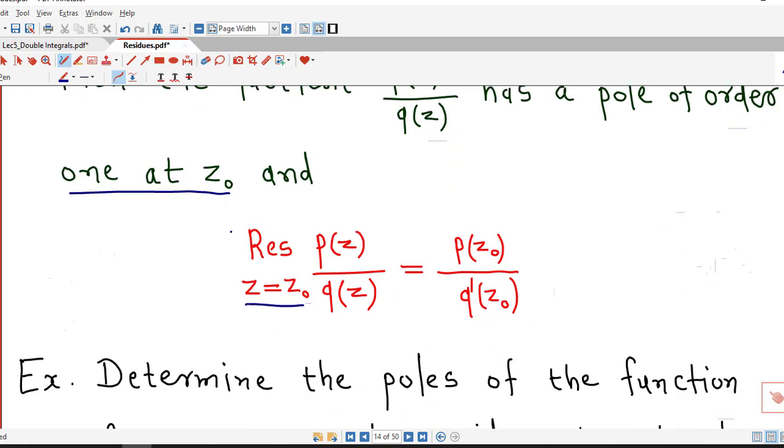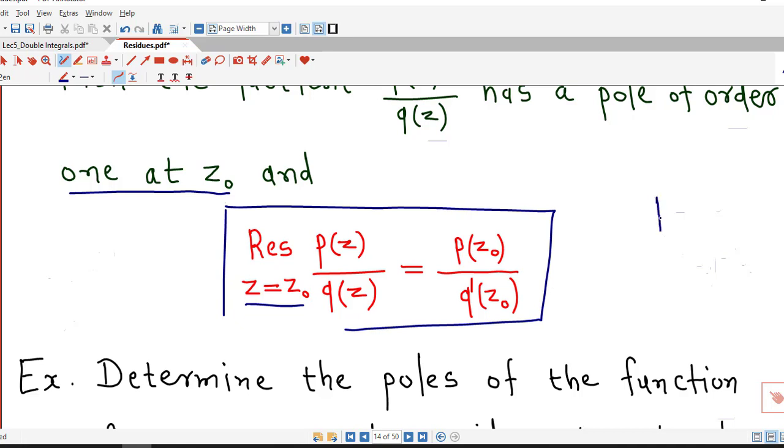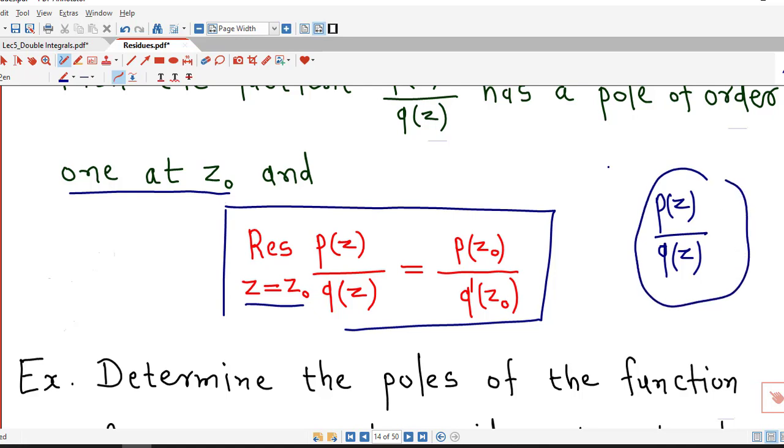So if we have this type of function p(z) over q(z), and we want to determine the residue of this function at some point z0, then two conditions are required to use this result.